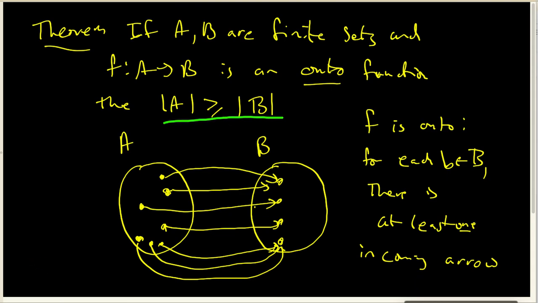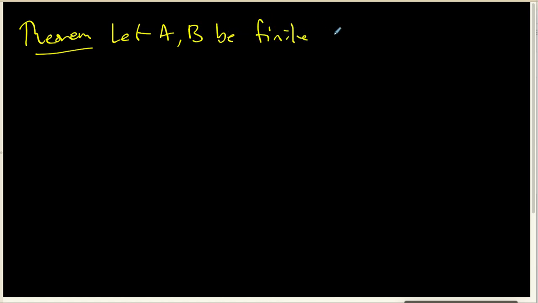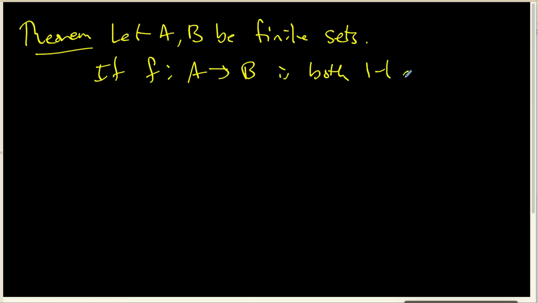Our third theorem concerns functions that are both one-to-one and onto. So again, let's let A and B be finite sets. If f goes from A to B and is both one-to-one and onto, in other words, if f is a bijection, then the cardinality of A and the cardinality of B have to be the same thing.